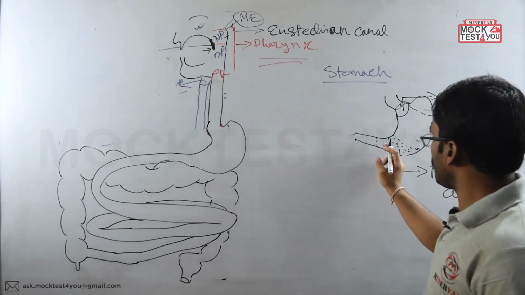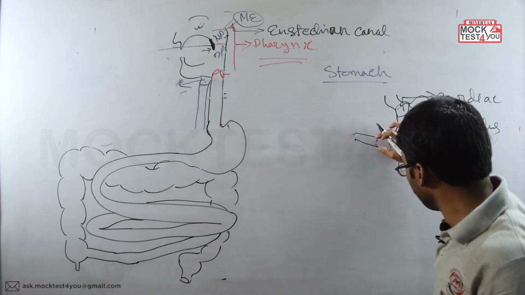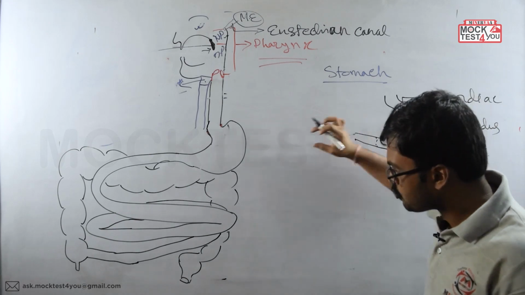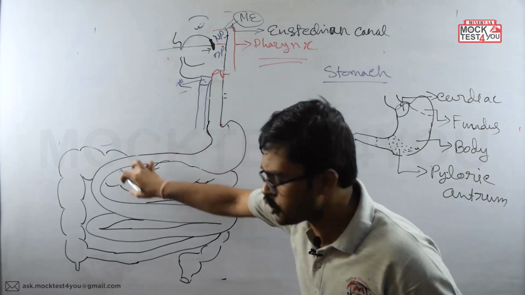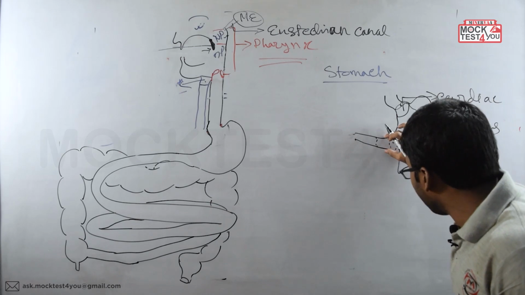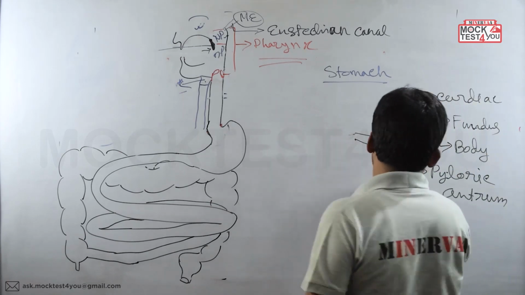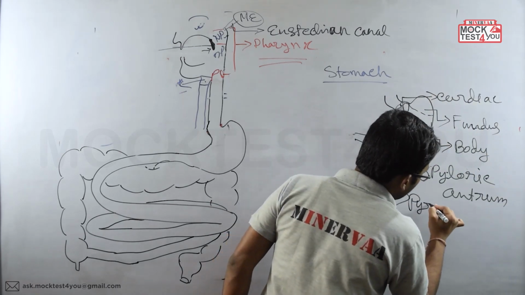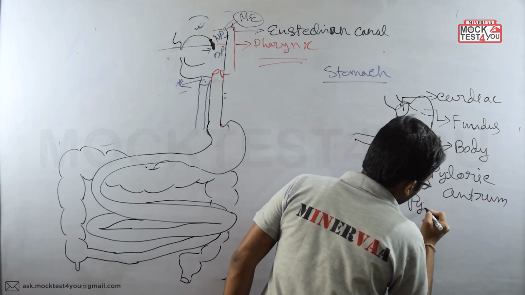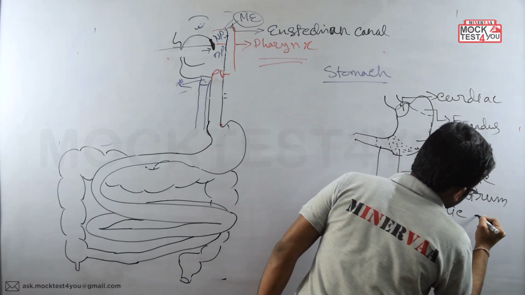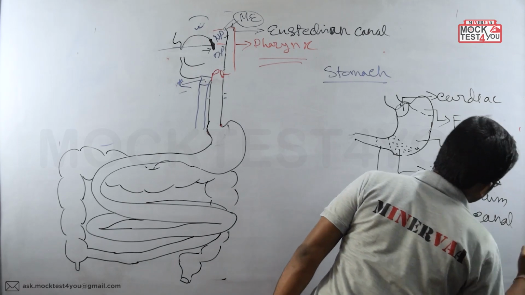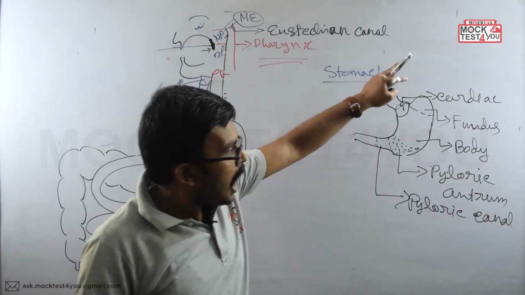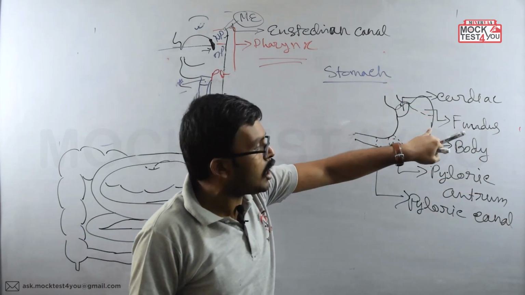And the second region is a canal. Here a tubular structure is present which leads to the next structure, the small intestine. This tubular structure is known as the pyloric canal. Done. So these are the different portions of the stomach.